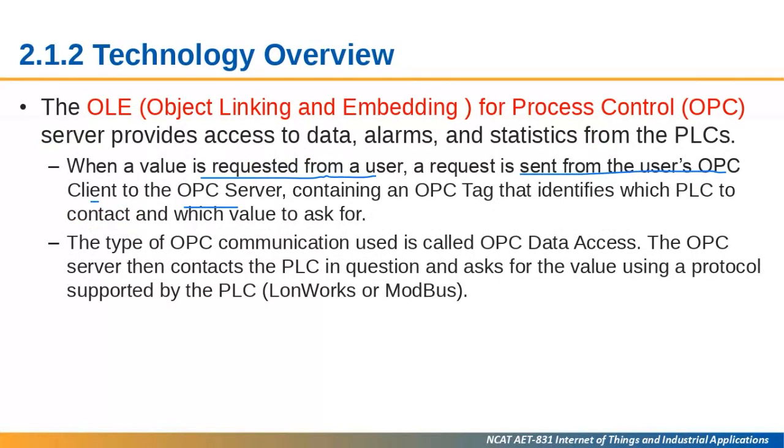Basically, the OPC server finds out which PLC it needs to communicate with to obtain the data it requires. On the other hand, if later on we want to adjust one of the devices, the OPC server will be in charge of communicating with the PLC and implementing the control activities.